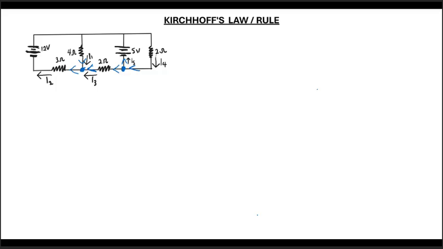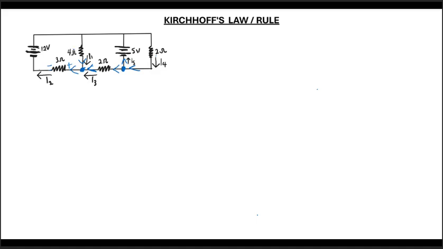Since we have analyzed the direction of the current, the next thing is to polarize our resistors. We can see that current flows in this direction. In the 3 ohm resistor, I2 flows in this direction, so here will be positive and here negative, because I2 enters from this side and comes out from the negative side.